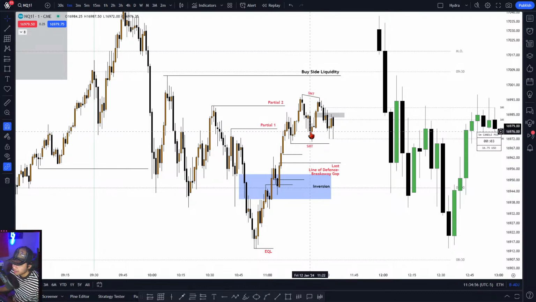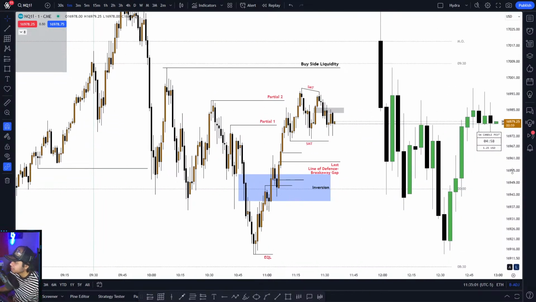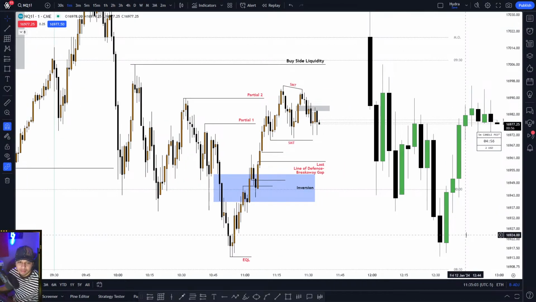So we closed it here at a logical level, and it seems like the price action is getting choppier and choppier as well. Very nice session, folks.